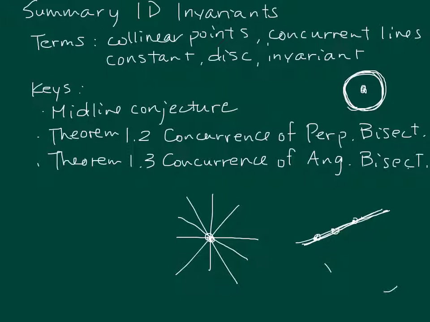First, the midline conjecture. It says a segment connecting the midpoints of 2 sides of a triangle is parallel to the 3rd side and it's half of its length.